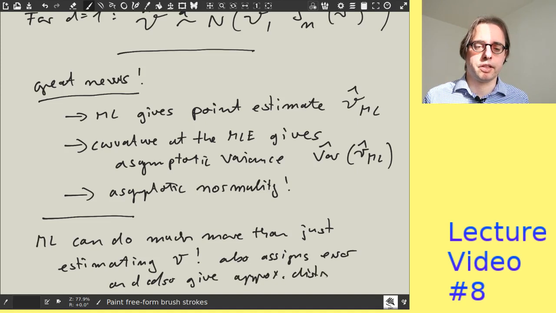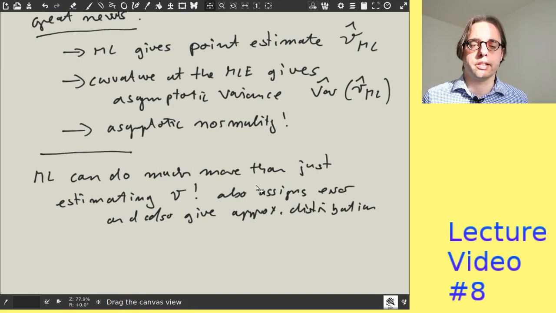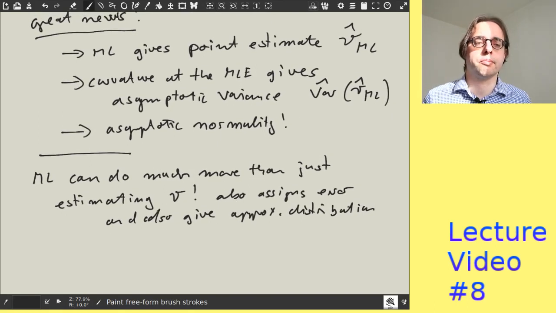So that's it for today. From this session we discussed the multivariate normal, we discussed the quadratic approximation, and in the end this led us to understand that the quadratic approximation looks like the normal distribution, and in the end for large n everything will look like a normal distribution.